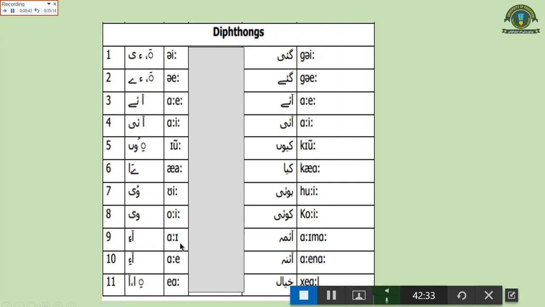You can see that with the exception of only one or two sounds, all of these diphthongs in Urdu have length markers, these dots at the end. So in Urdu there are quite many diphthongs which end in long vowels. So now I as in gai. Now you can read the words, and you as in kyun.